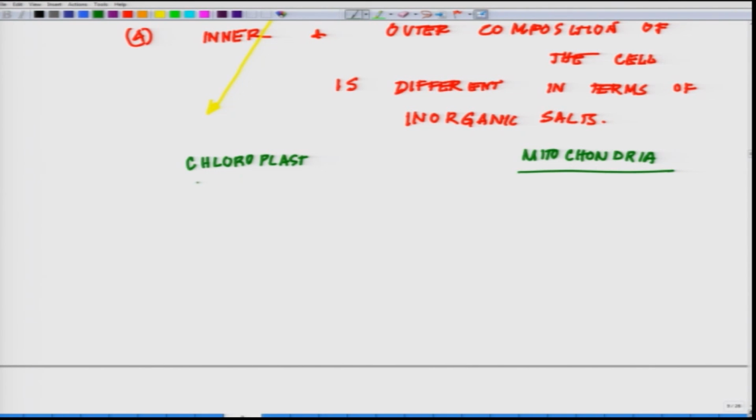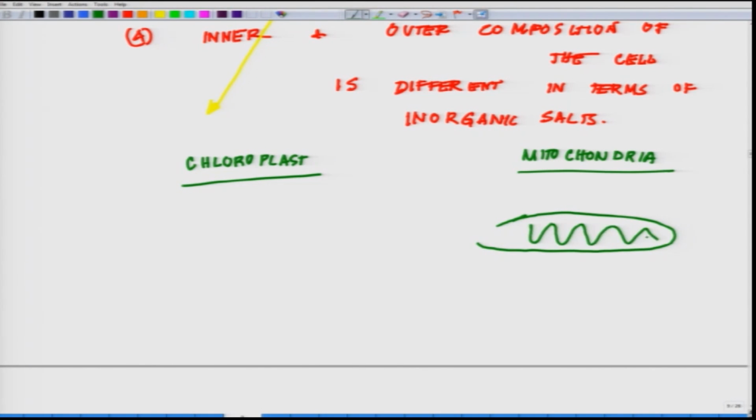we will observe the same feature as we observed in the individual cell. If you look at the mitochondria, I am showing the cross section. We draw it like this, but when you show the cross section, it is something like this.